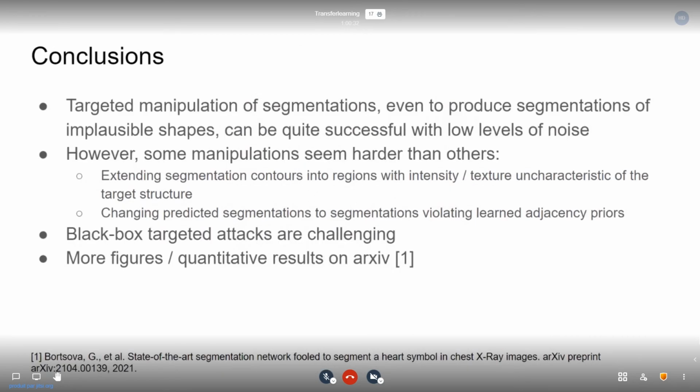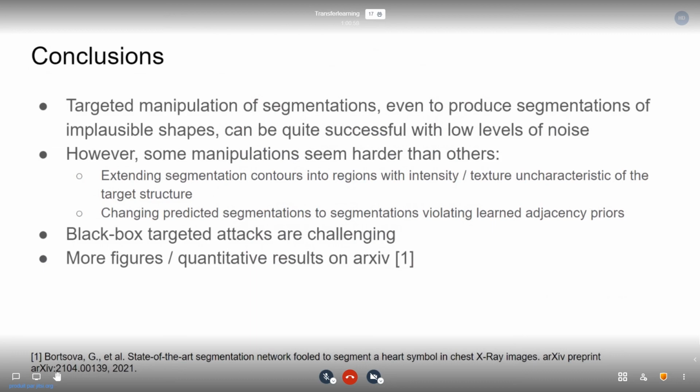And the last finding is that black box targeted attacks are challenging, and this finding is very much in line with the rest of research on black box targeted attacks. Black box attacks are in general quite difficult, and targeted attacks are even more difficult.